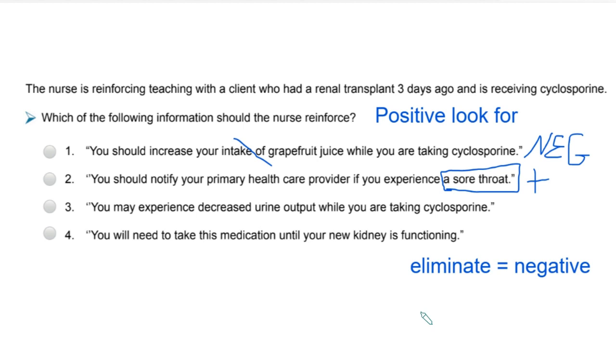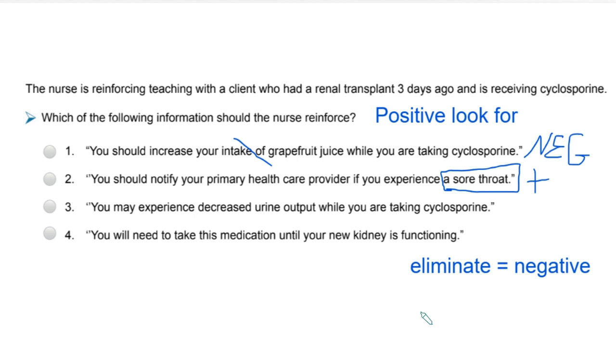Option 3, you may experience decreased urine output while taking cyclosporine. This is an answer that is true. It's a true statement that you can. A lot of medications are going to affect the kidneys, and that's something that is a negative response to the medication, but you want to read that carefully.